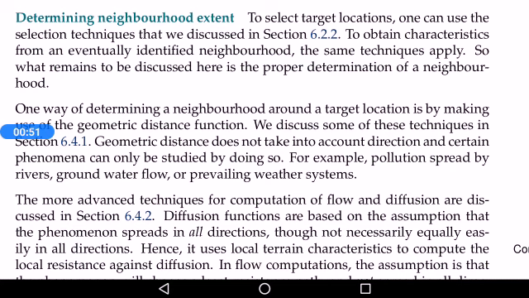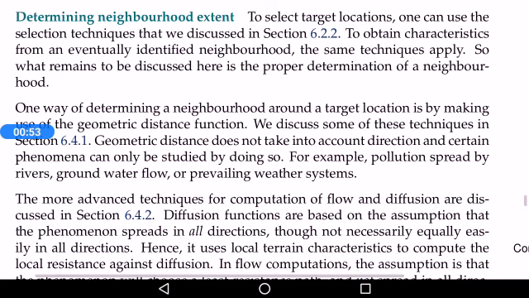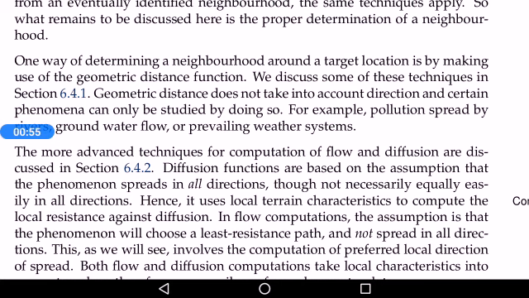So first thing is diffusion function. Diffusion function is based on the assumption that a phenomenon is spreading in all directions. Say for example the pollution or any release of gases which are getting released from some factory. So how does it spread in all directions? If you want to find out that, then you might need diffusion function.